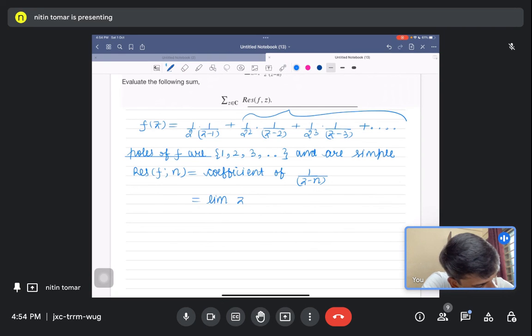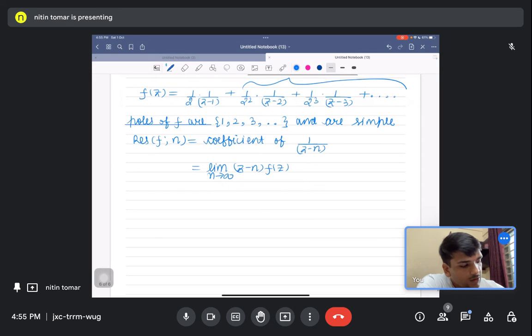It will be 1 upon z minus n, because the poles are simple.